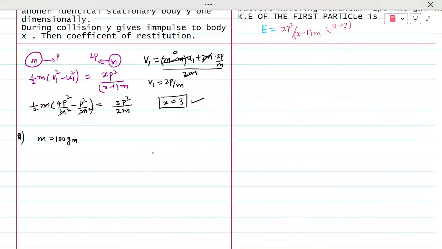It is suspended from a point A by an inextensible thread of length L. Now the ball is drawn aside and held at the same level as A, at a distance root 3 L by 2 from A. This value is given for calculation of theta. Now the ball is released.